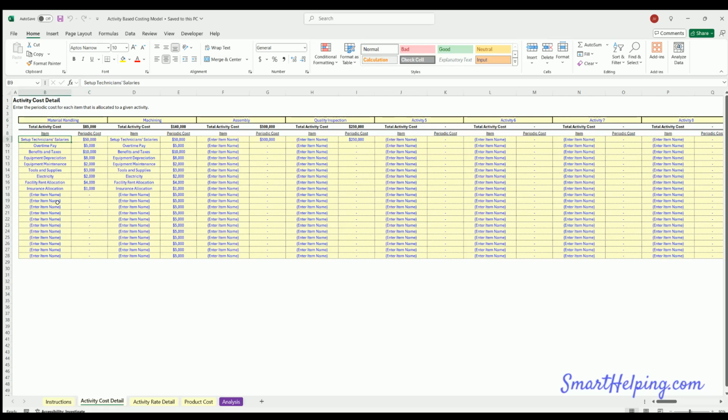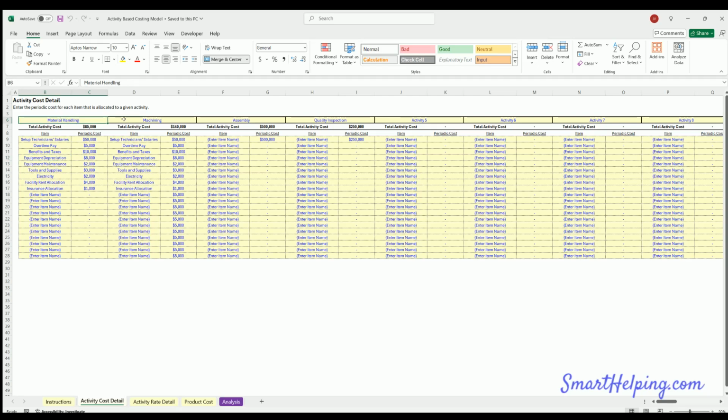If the setup technician salaries go 100% to dealing with this, then that's their cost for the period. Then overtime pay, benefits and taxes, and equipment depreciation. An activity could have multiple types of equipment, and you would want to take their depreciation for the year and add it up to that activity.